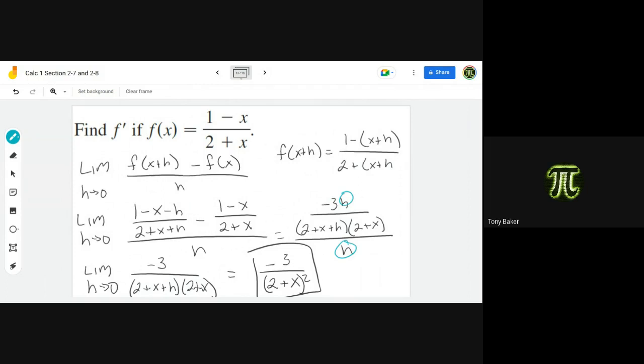This formula will always work. It just sometimes is messy because of all the algebra in it, but it'll always work because this is the actual definition of a derivative. There's a lot of rules to make it work without using this. Some are simple, some are complicated. So that's why for the next month, that's what we're going to be working on.